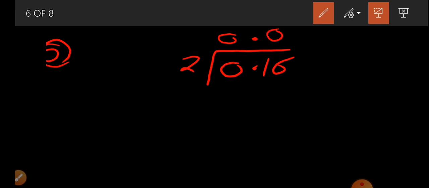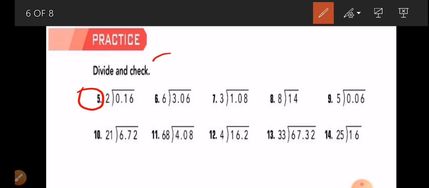Take with it the 6 now, so it will be 16 divided by 2. Yes, 8. 2 multiplied by 8 is 16, subtract 0. So the answer is 0.08. It means 8 in the hundredths place. So 0.08 is the answer of number 5.